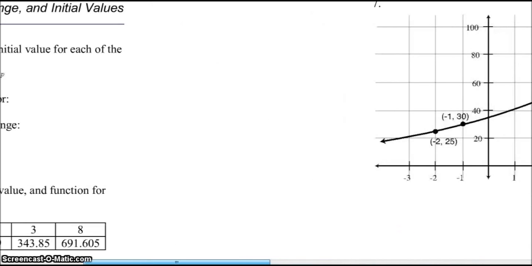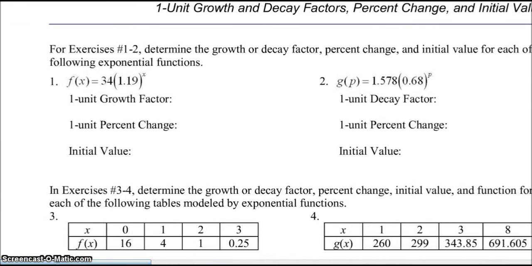So just with that information right there, we can see that our 1 unit growth factor is 1.19. Our initial value is 34, which just leaves the percent change.